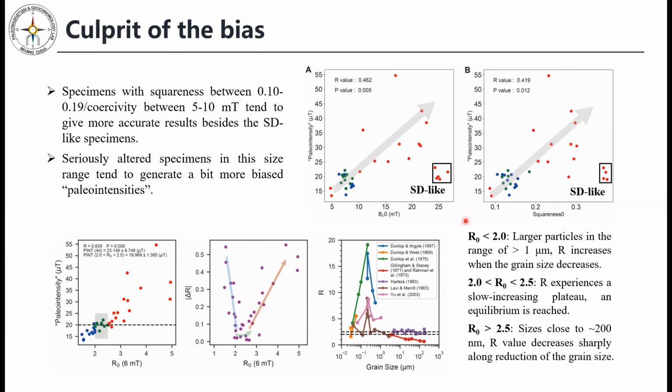We didn't compare the changes of the hysteresis parameters to R, but I think they will show a positive correlation, because we can see in these two plots they have a very similar trend besides these SD-like samples.